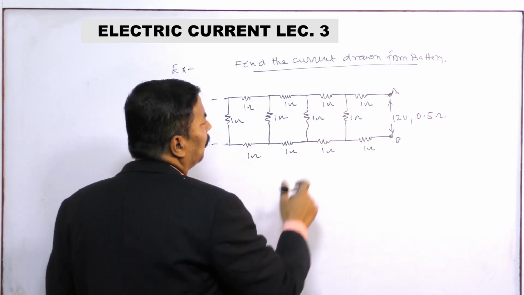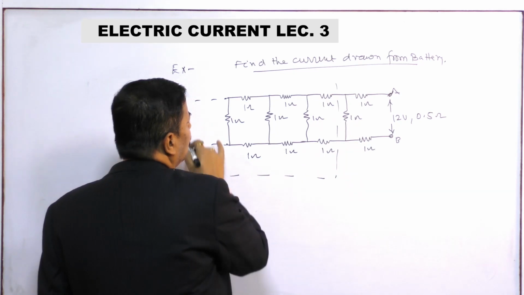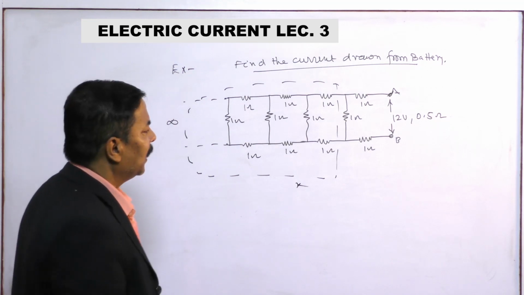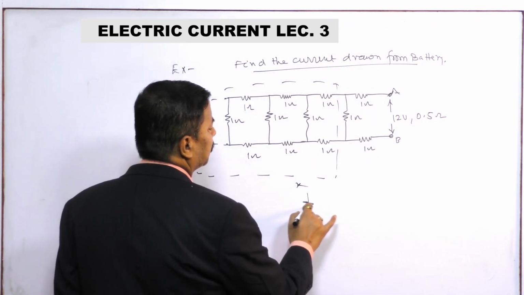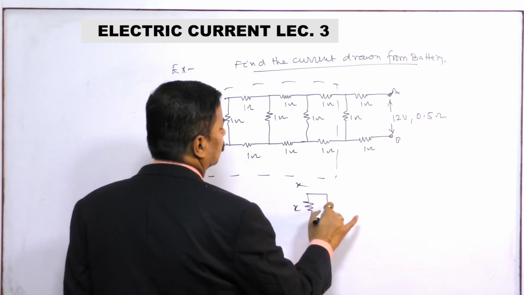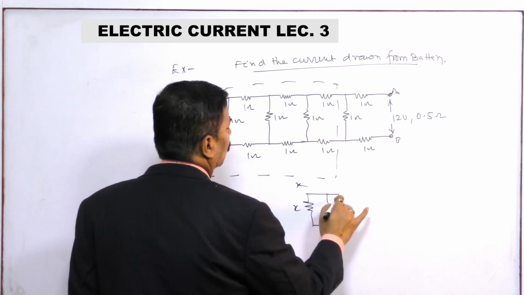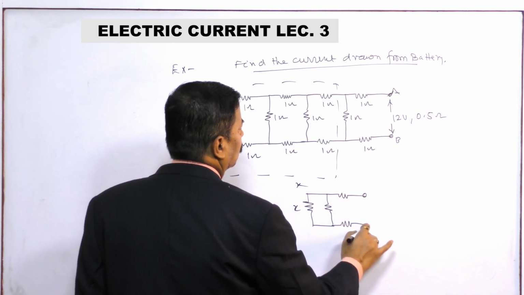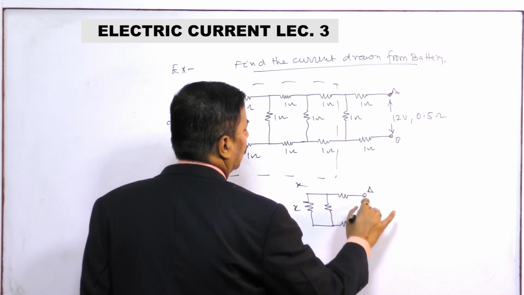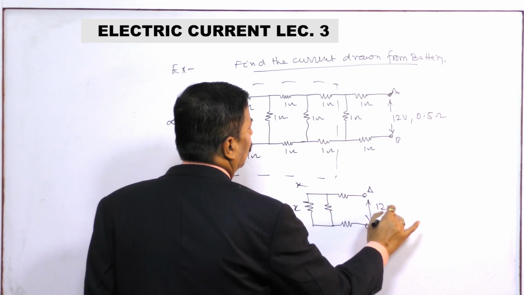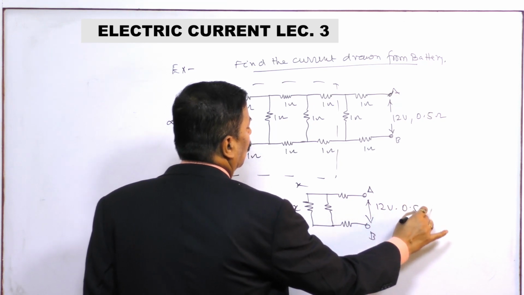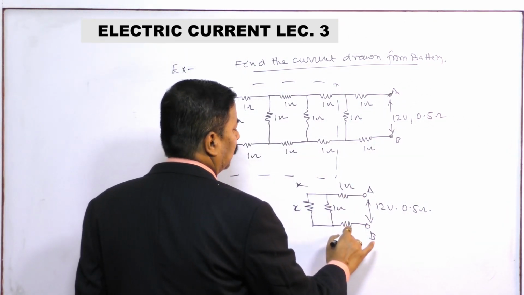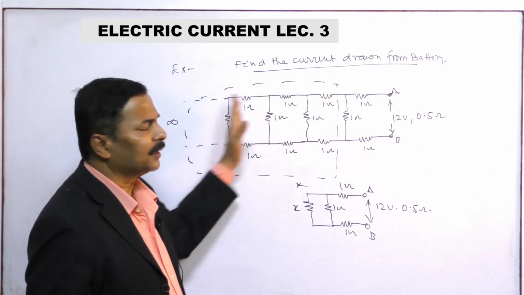So what I will do, from here to infinity, I consider the resistance as x, then the equivalent diagram will be: x, 1, 1, A, B, 12 volt, 0.5 ohm. This is your 1 ohm, 1 ohm, 1 ohm. Now I have considered the equivalent resistance of this as x.